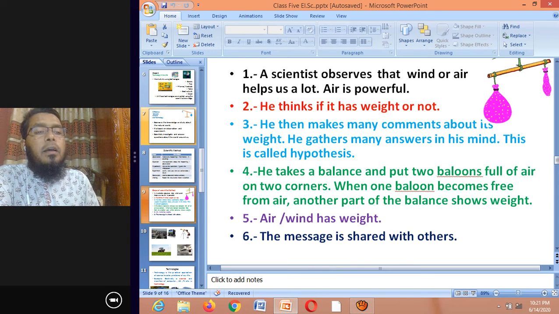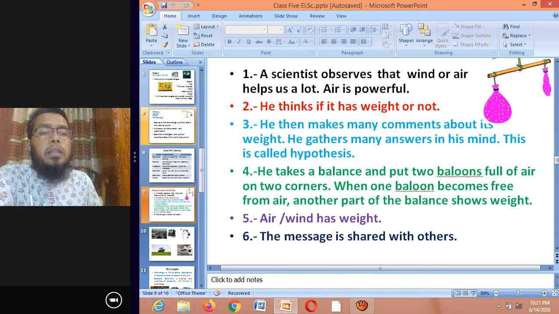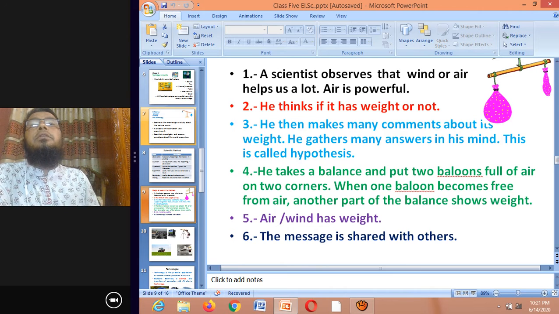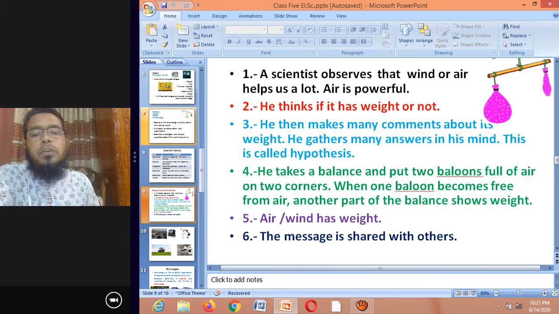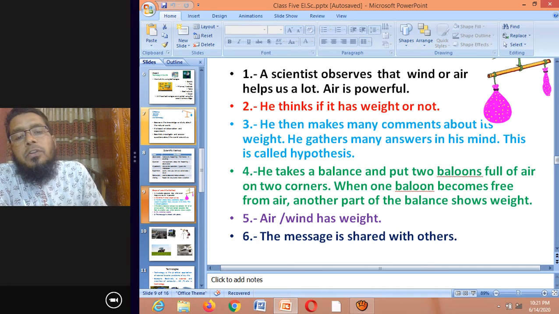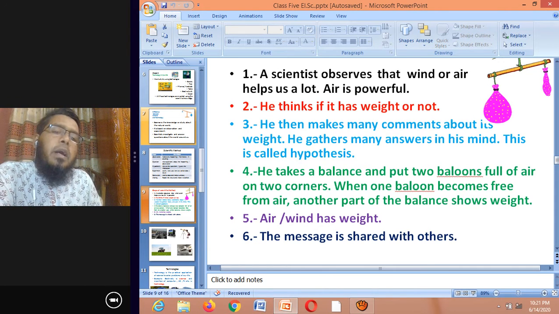Whether this air has weight or not. And what about hypothesis? He then makes many comments about its weight, whether it has weight or it does not. He gathers many answers in his mind. That means he gathers much data, and this is called hypothesis.